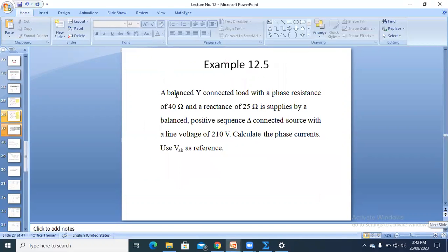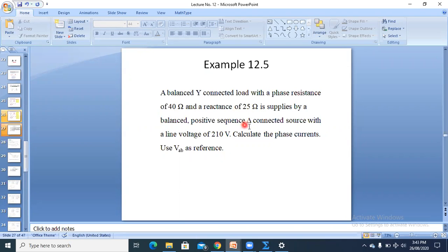Now we have a Y connected load with a phase resistance of 40 ohm and reactance of 25 ohm, or you can say the impedance of the load per phase is 40 plus j25.